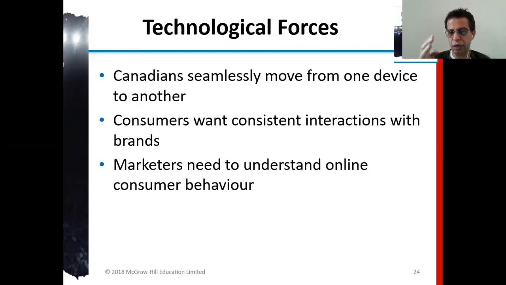It depends where the customer is shifting. You as a marketer have to target them there. Otherwise, if you're targeting them somewhere else, they're not going to be there. Canadians usually move from one device to another smoothly, without making a big issue. So as a marketer, you need to have very keen eyes to look at that.